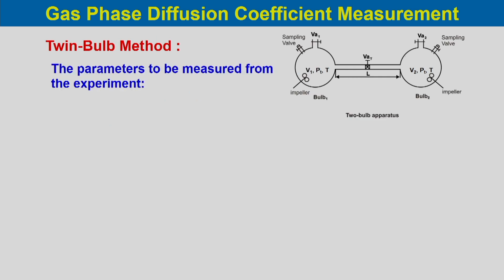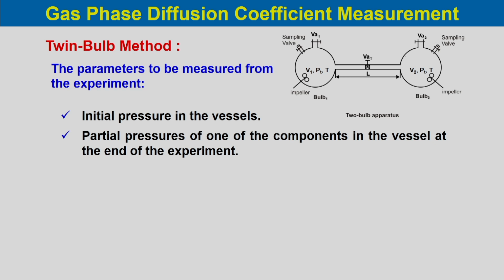The parameters to be measured from the experiments are the initial pressure in the vessels. Then we need to measure the partial pressure of one of the components in the vessel at the end of the experiment, and the time of the experiment needs to be recorded.